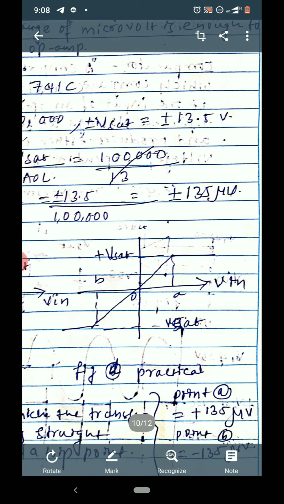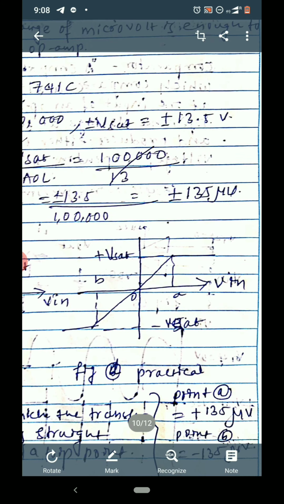As soon as your input crosses point A, it becomes plus V saturation. As soon as your input becomes minus 135 microvolt, that means point B in the negative direction, your output becomes minus V saturation. So in between the range of minus 135 microvolt to plus 135 microvolt, your op amp is behaving as a linear device.